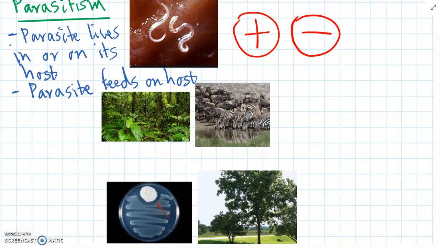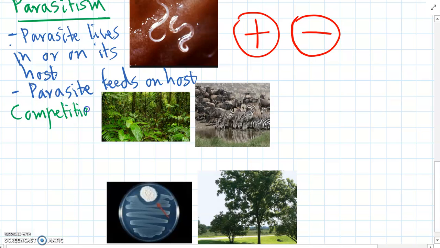The next example is called competition. And nearly every species in its habitat is competing with other species. It might be competing for light, like with all these plants on the forest floor, or it might be competing for water, like all these zebras and wildebeests in Africa.